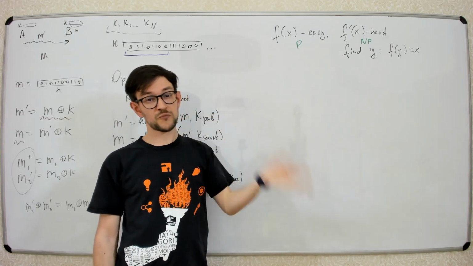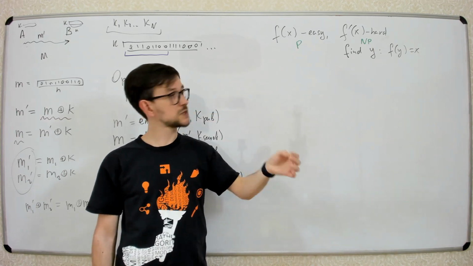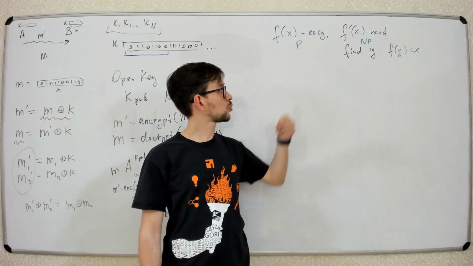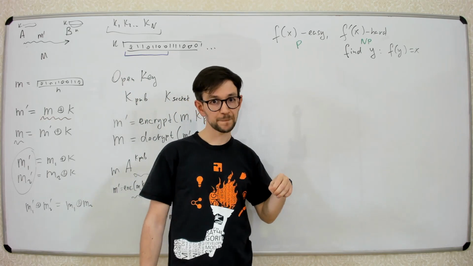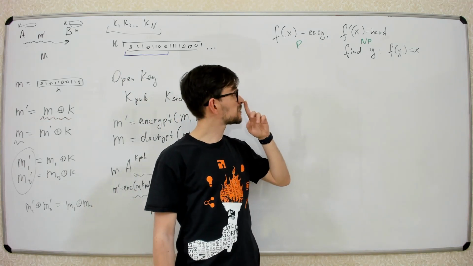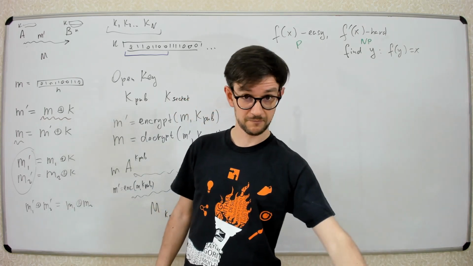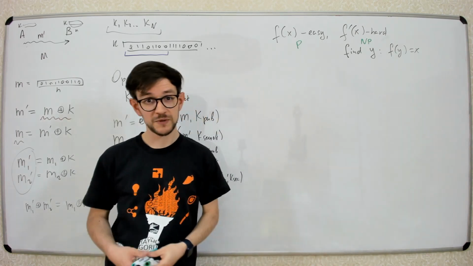So what if P equals NP? If P equals NP, it means that if we can calculate any function in polynomial time, we can calculate the inverse function in polynomial time as well. So if P equals NP, it's pretty hard to get a good one-directional function. So we pretty much hope that P is not equal to NP.